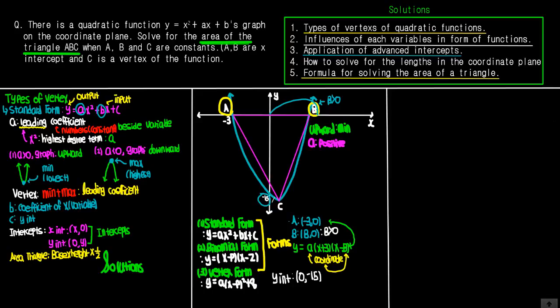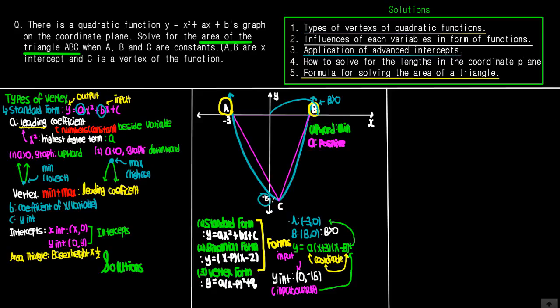All you have to do is use our input and output strategy that we talked about. In order to do it, we know that x is equal to input, which is going to be 0 in this case because it is a y-intercept. All you have to do is input this back to our original function to solve for our variable. So let's input it.